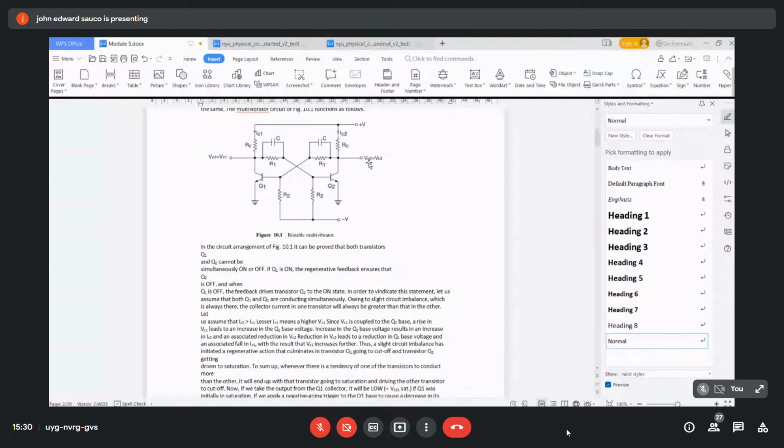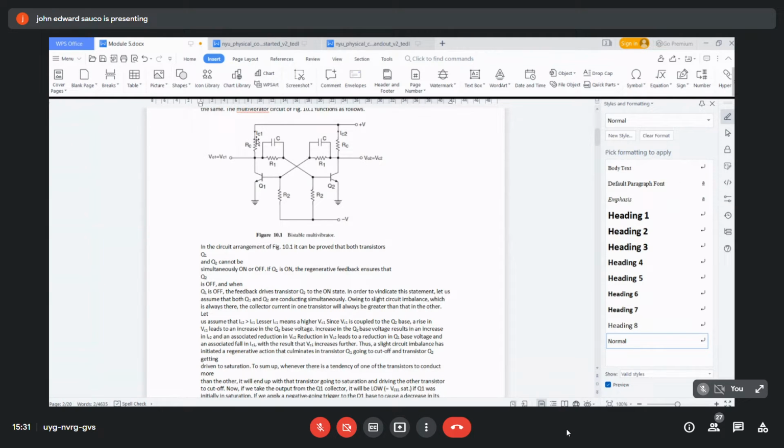Ito yung VC2. Ay, VC1. Sorry. Tama? Associated reduction in VC2. Reduction in VC2 leads to a reduction in Q1 base voltage. O, tama rin. Kasi dito yung base ng voltage. And associated fall in IC1. So, bababa yung current dito sa taas.